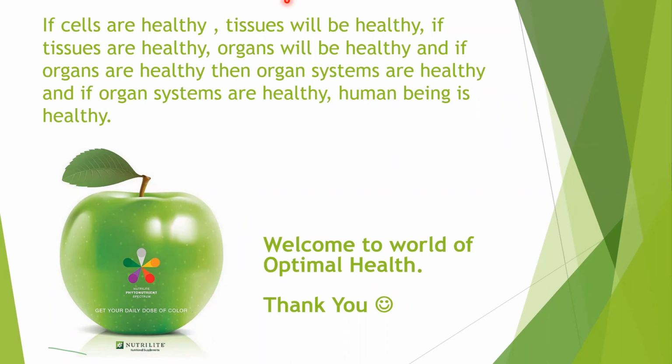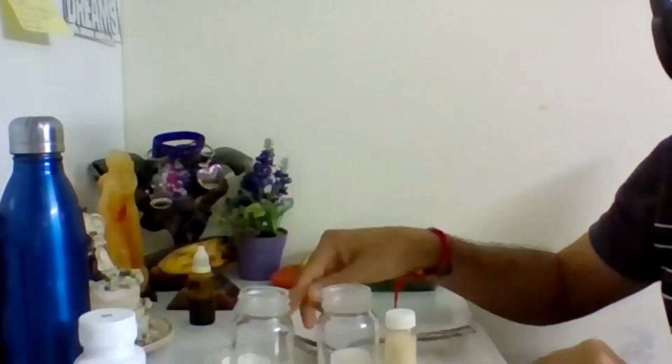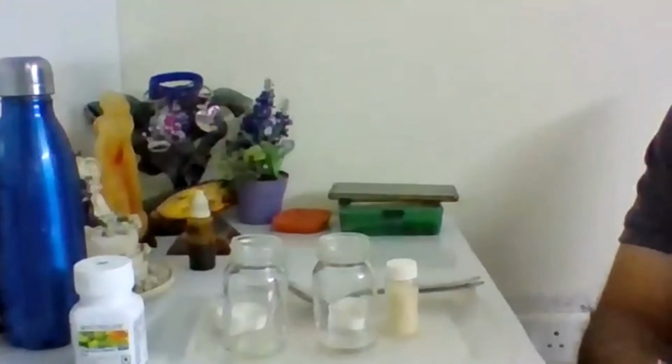So I'm starting my video for a while, and you just let me know whether you are able to see my experiment setup clearly or not. Okay, so let me stop sharing. There are 2 bottles.